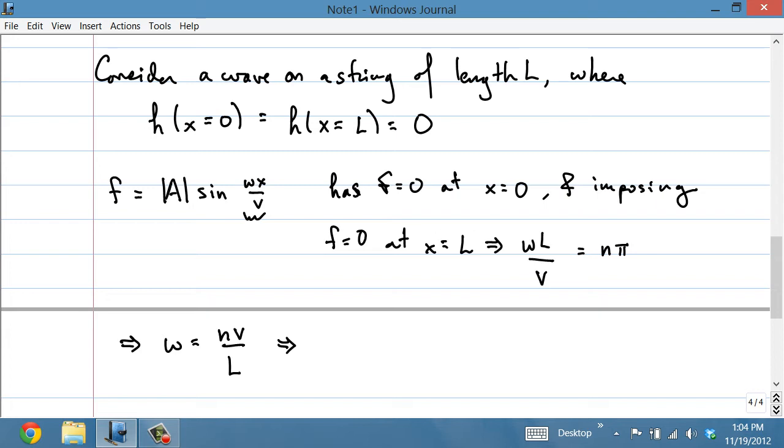If instead of talking about the frequency, omega, we talk about the wavelength, which I remind you is v divided by omega, that will just be equal to L over n.